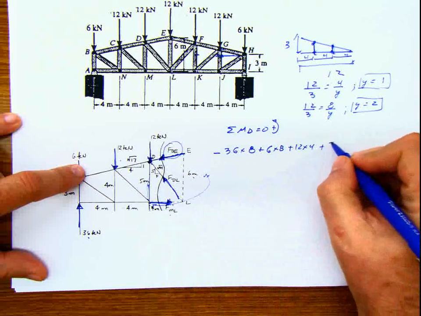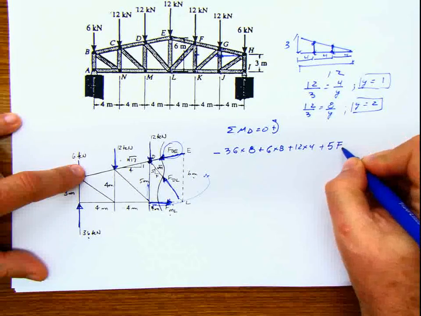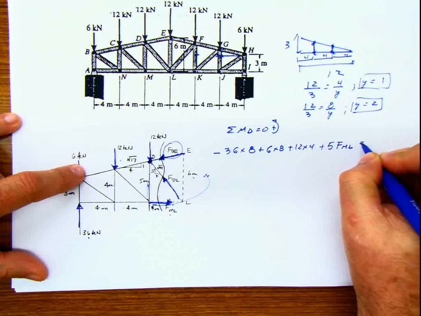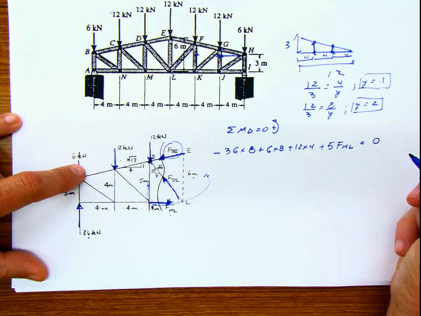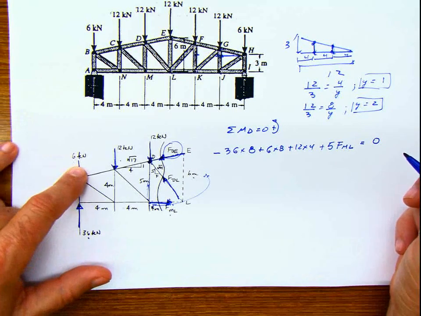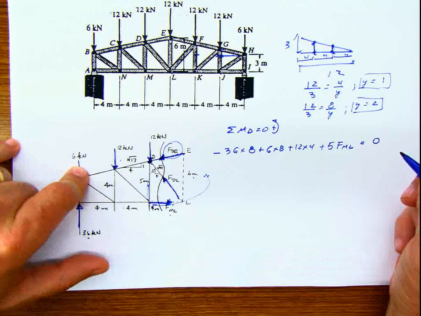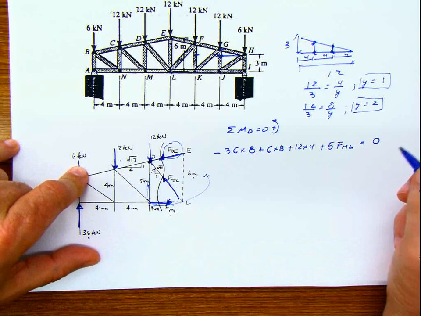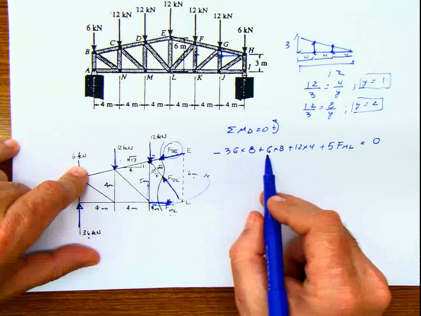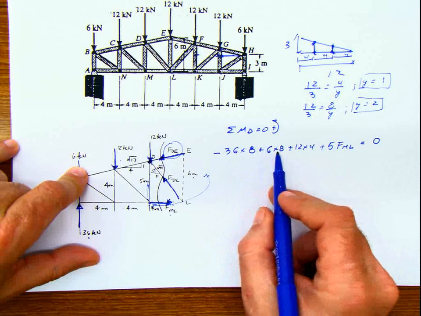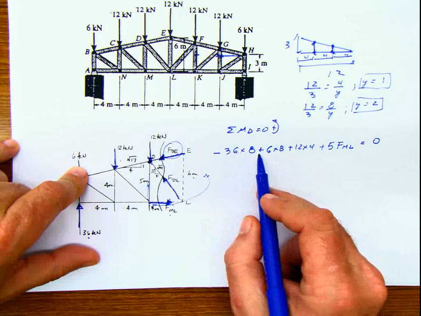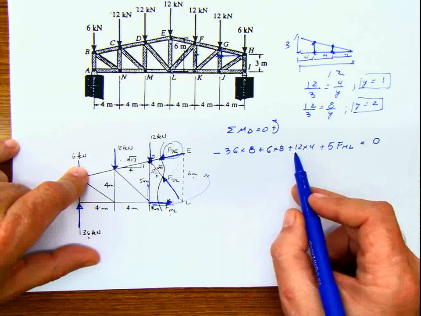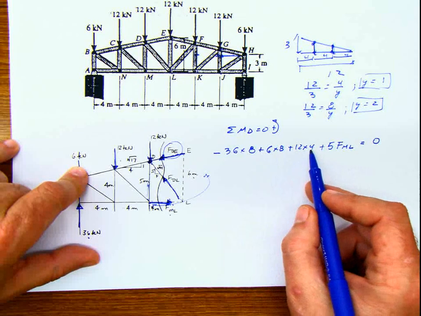So plus 5 times force ML equal 0. Then 6 times 8, 6 times 4, 6 times 8. So that means that this is basically 30 times 8, 240, 240 negative 48 divided by 5.